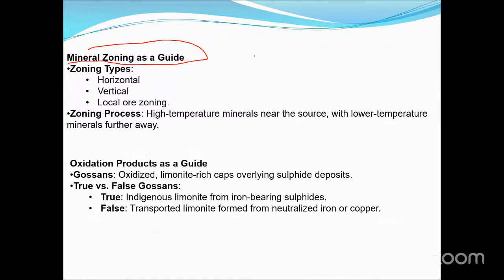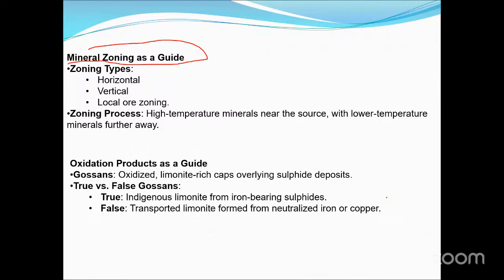Whereas false gossans are transported limonite formed from neutralized iron or copper deposits. What are the false gossans again? Transported limonite formed from neutralized iron or copper deposits. So from an iron or copper deposit, after neutralization, these transported gossans will form.